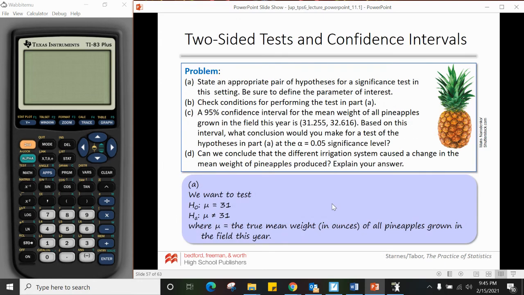Part A: state an appropriate pair of hypotheses for a significance test in this setting. Be sure to define the parameter. So in the state step, we have H naught: mu is equal to 31, HA: mu is not equal to 31, where mu is the true mean weight in ounces of all pineapples grown this year.